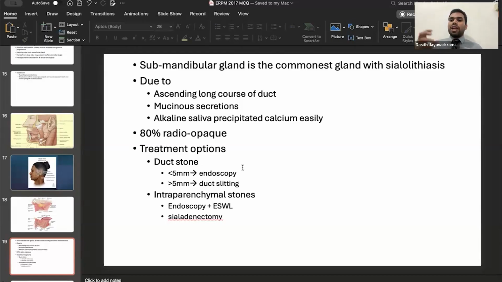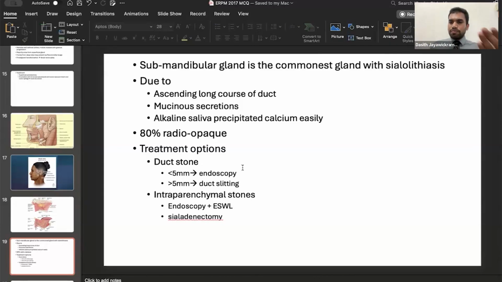Depending on the location, if it is large and deep, then an intraoral approach would not be possible. But imagine if it is almost at the duct, but intraparenchymal, and there's a smaller stone, we can use endoscopic as well as ESWL. What is ESWL? Extracorporeal shock wave lithotripsy. We use sound waves to break the stones into small pieces and take the parts out.